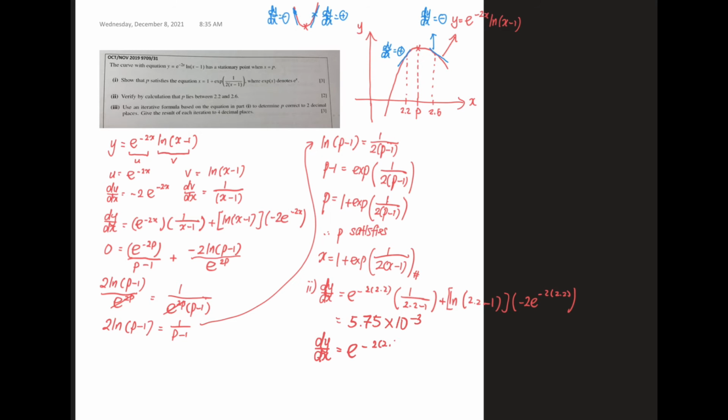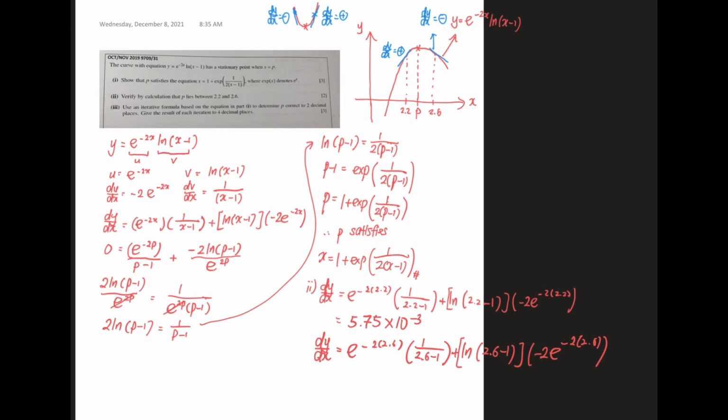So 2.6 minus 1, ln(2.6 minus 1), minus 2e^(-2 times 2.6).